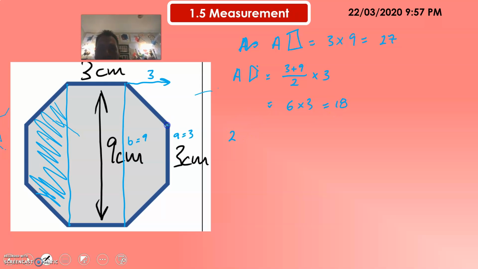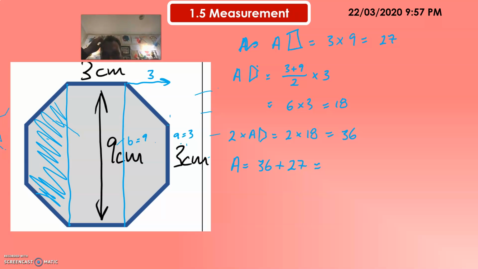And 2 times the area of the trapezium is 2 times 18, which is equal to 36. So the total area is equal to 36 plus 27, which is equal to 63 centimeters squared.